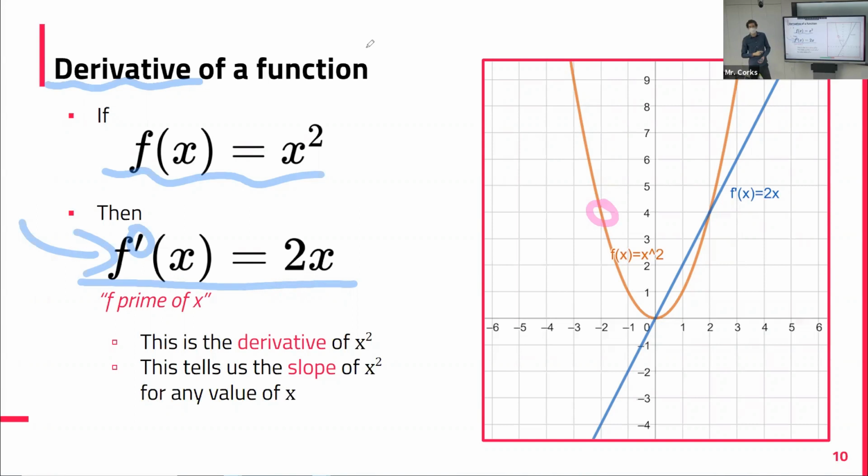What is the slope when x is equal to -2? It's -4. We take this point and line up vertically, drawing a vertical line down until we hit our derivative function. That point's y value is -4. That's the slope. Or we could take that value of -2 and substitute it in for x: 2 times -2 is -4. So we can use the derivative function or look at our graph.